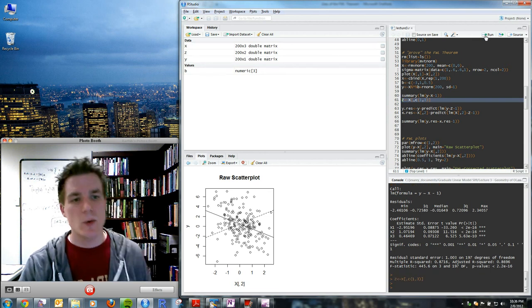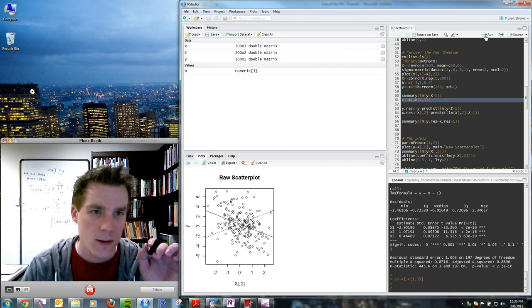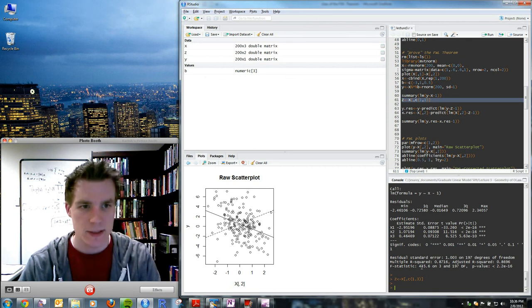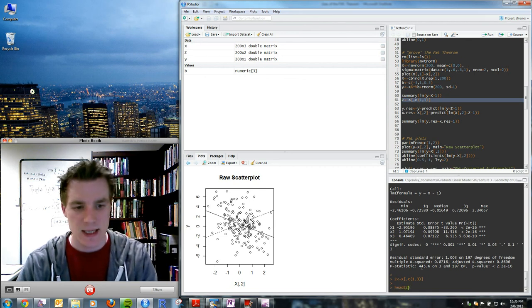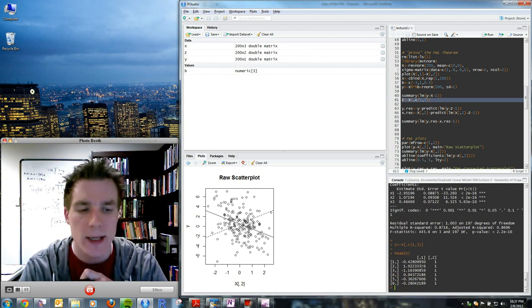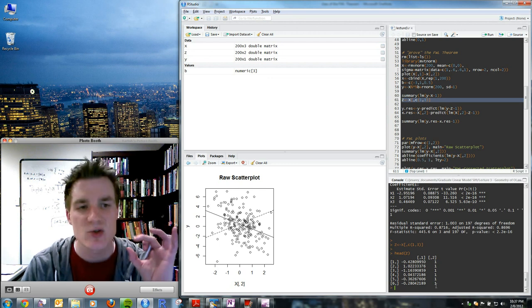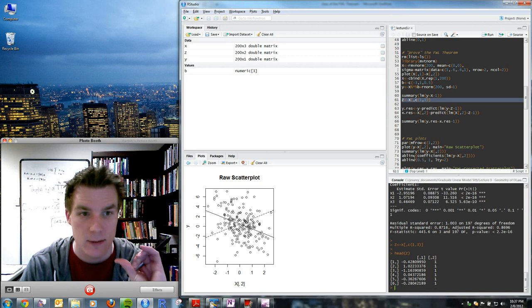What I'm going to do is extract all the rows of x and the first 3 columns. So if I do a head of z, I'm sorry, I have column 1 and column 3. So I've got x1 and the constant. I've extracted x2. x2 is no longer in this data set.